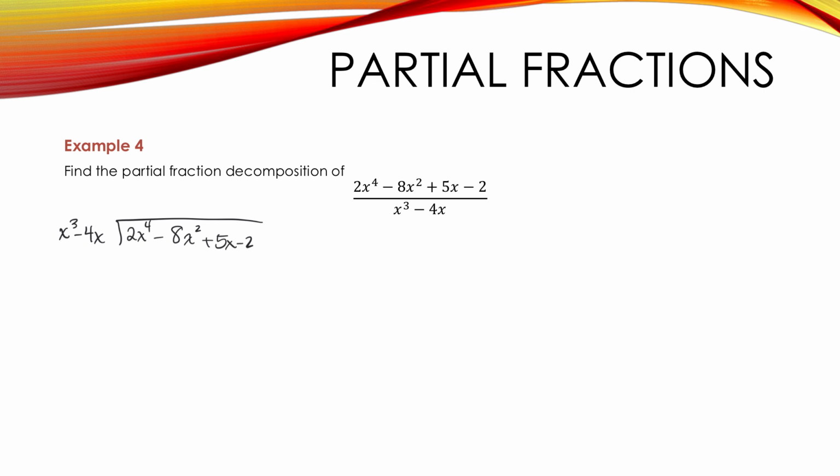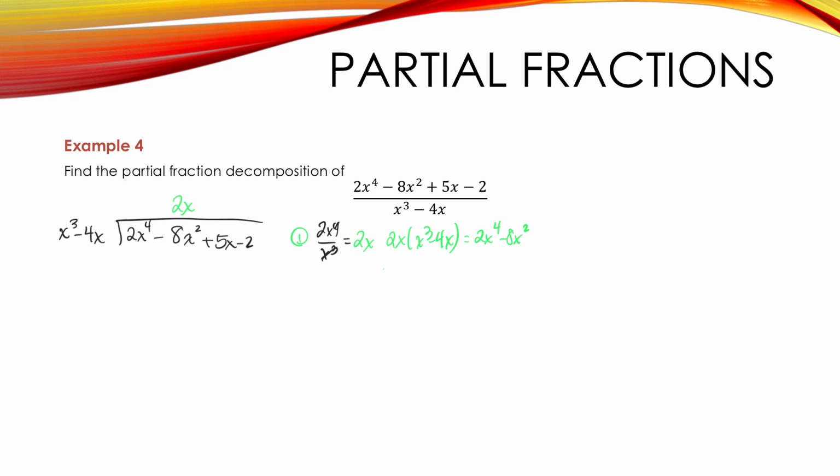We need to start with our first term, which would be 2x to the fourth divided by our x cubed, which just gives us a 2x. So we have our 2x. Well, 2x times our x cubed minus 4x gets us 2x to the fourth minus 8x squared.